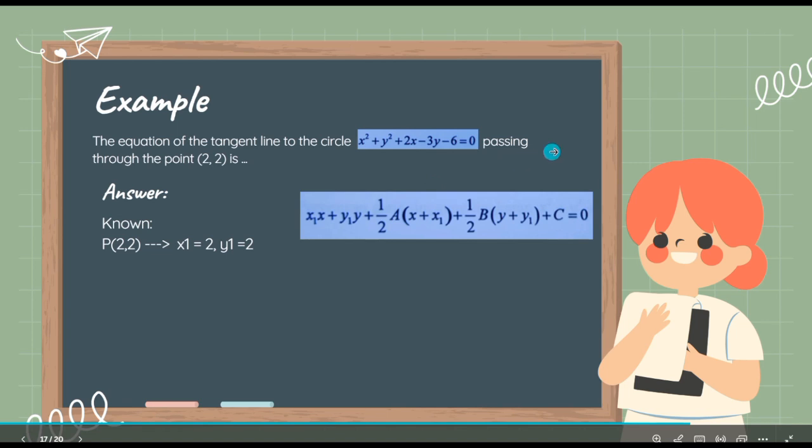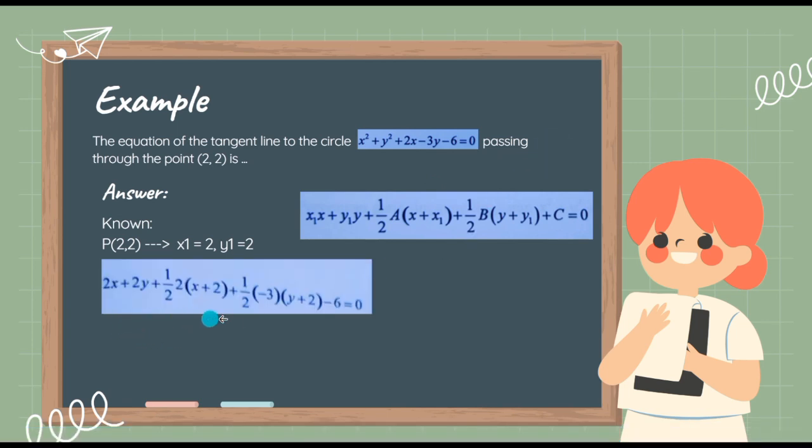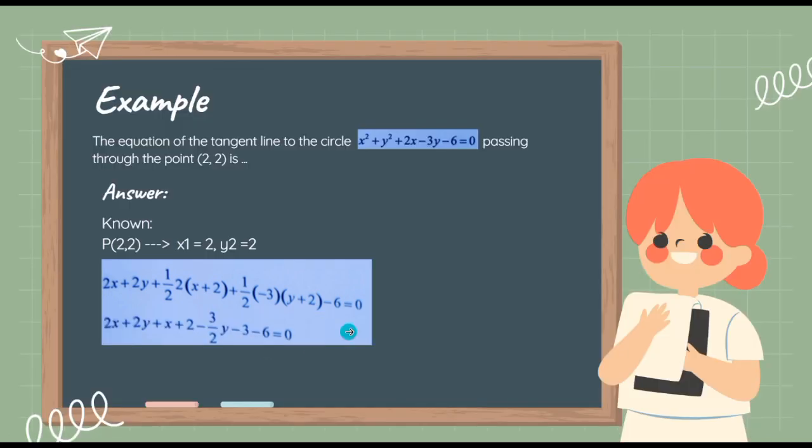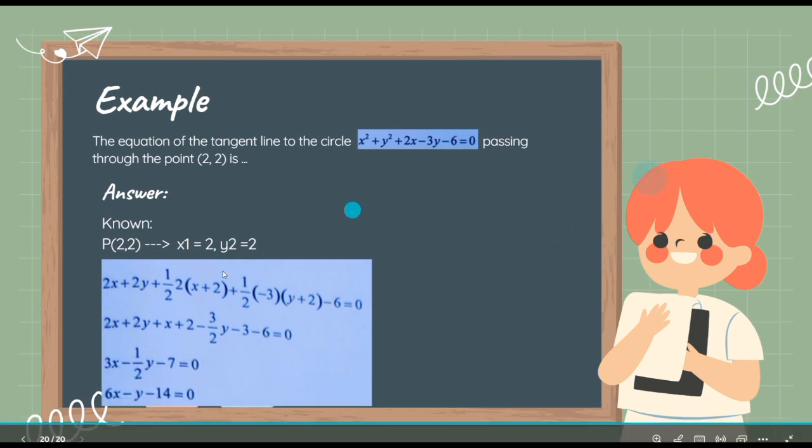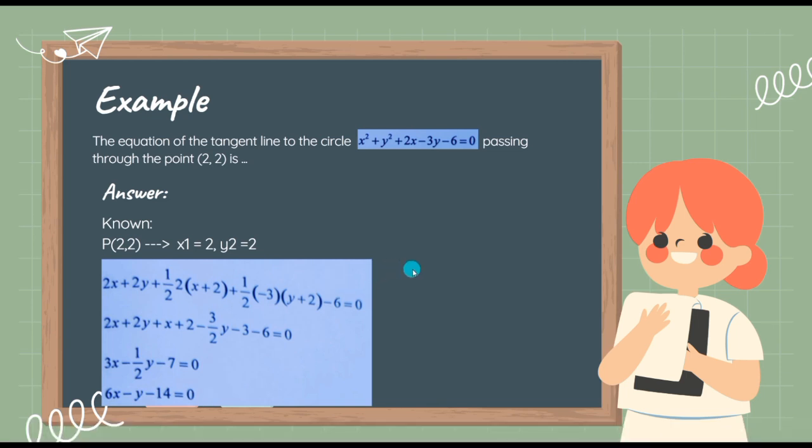After that, we multiply the ones in brackets, then add the same variables, and finally we simplify it to be like this. So the equation of the tangent line to the circle is 6x minus y minus 14 is equal to 0.